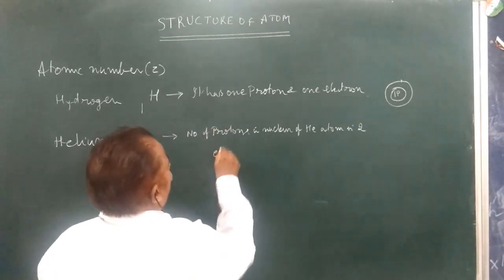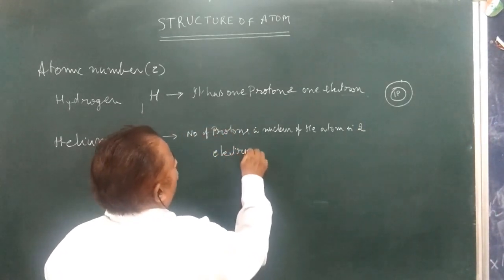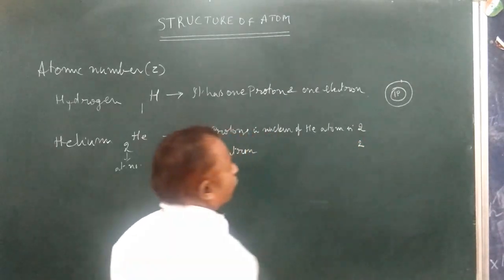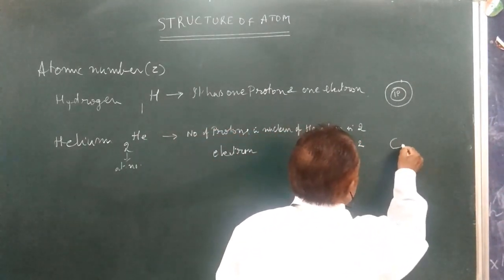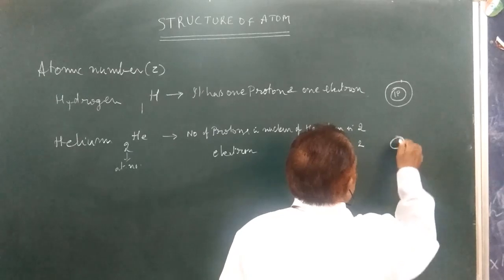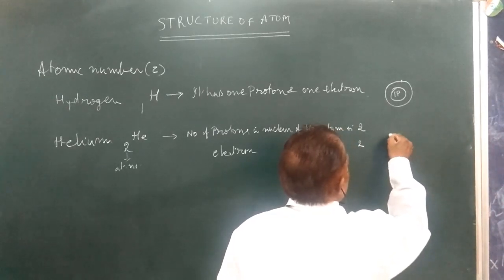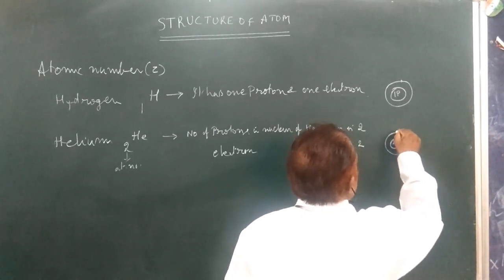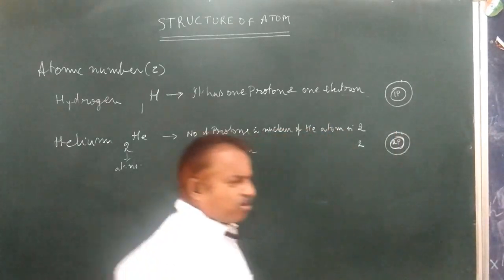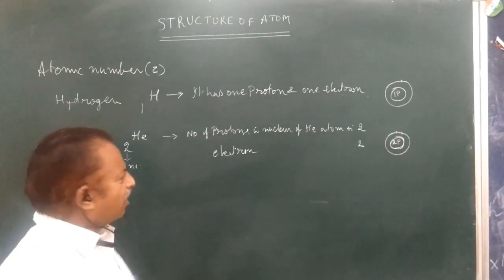Number of electrons is also 2. Therefore here it is shown as nucleus of helium atom, 2 protons, and here 2 electrons. So that is atomic number.